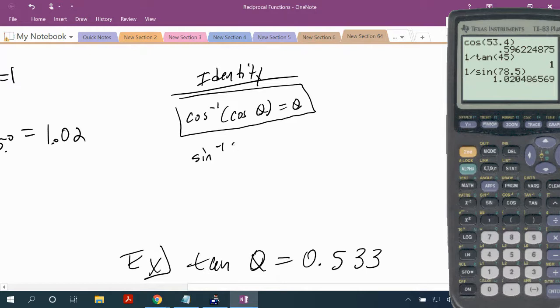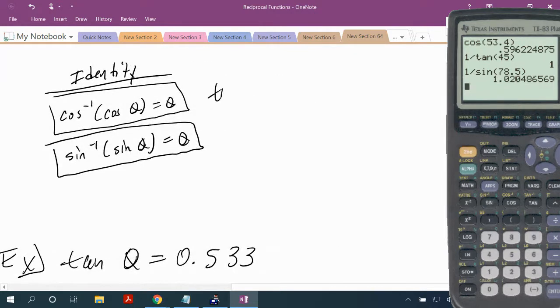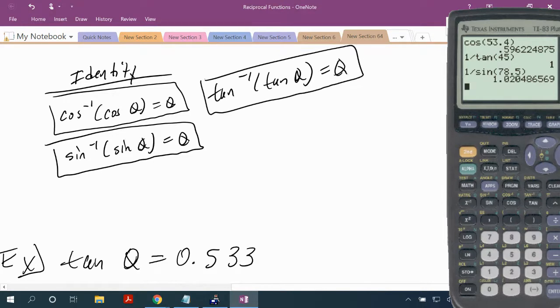The arc sine of the sine of theta is equal to theta. And the arc tangent of the tangent of theta is theta. Okay, for our purposes, we're going to use these identities.